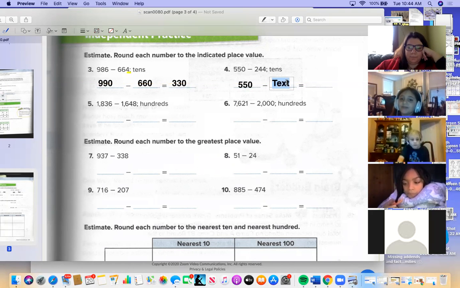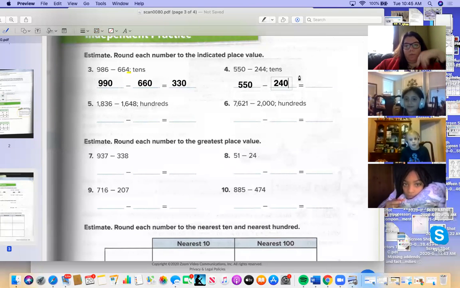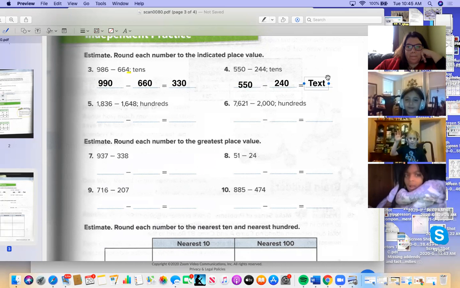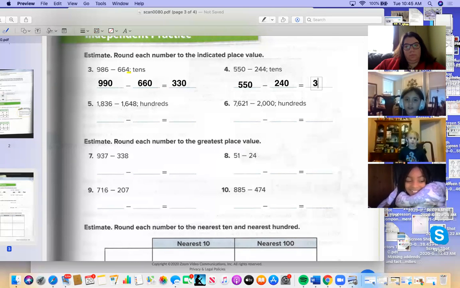Charlotte? 240, which 550 minus 240 will equal 310. Yes. Excellent.